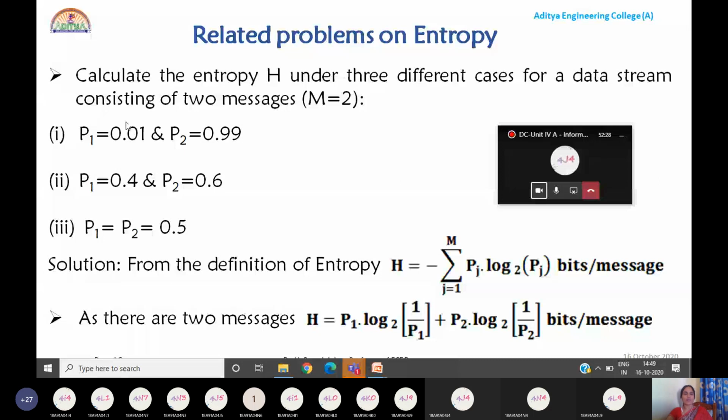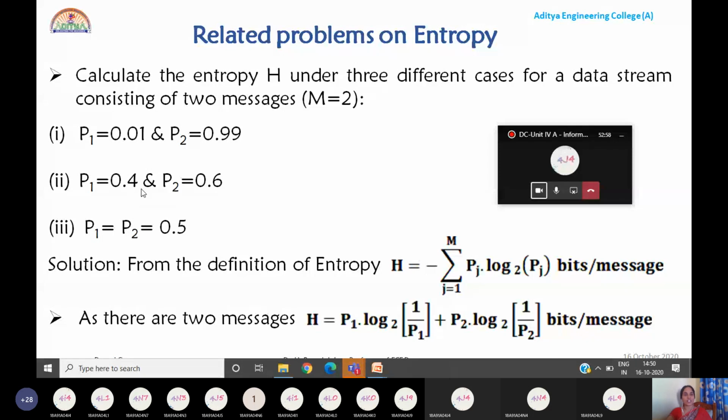In the second case, almost average values of P1 and P2, like 0.4 and 0.6. This second case is not exactly equally likely, but nearer to the equally likely condition. This is approximately 0.5 and this is also approximately 0.5, but not exactly equally likely. So it comes nearer to 1. What did you obtain? 0.97 something.